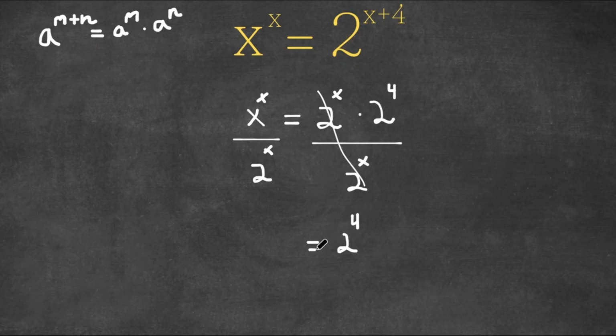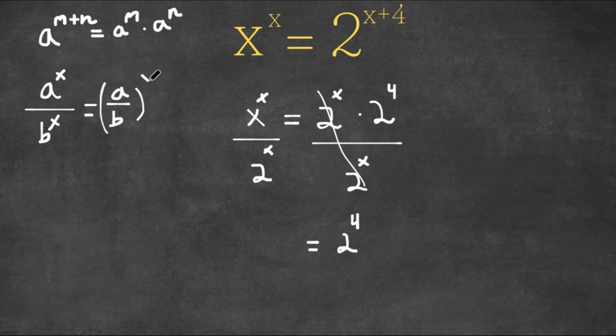And for our left side, if we have a to the power of x over b to the power of x, this can also be written as a over b to the power of x. So we have x to the power of x over 2 to the power of x. This can be also written as x over 2 to the power of x.